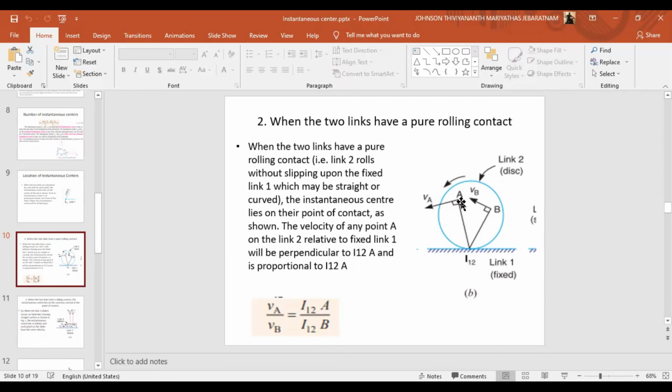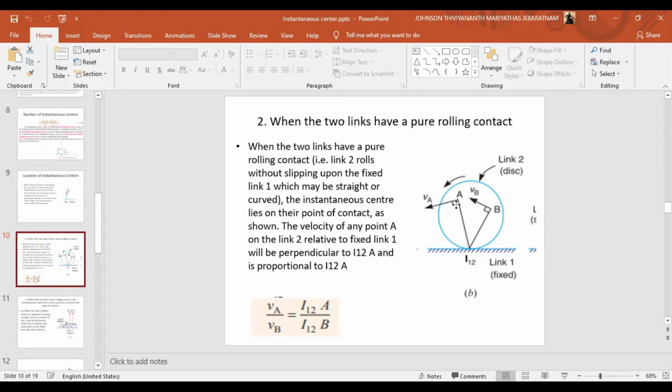So we will take any arbitrary point A on the roller, that is link 2. The line joining the instantaneous center and the point A, the velocity will be perpendicular to that line.